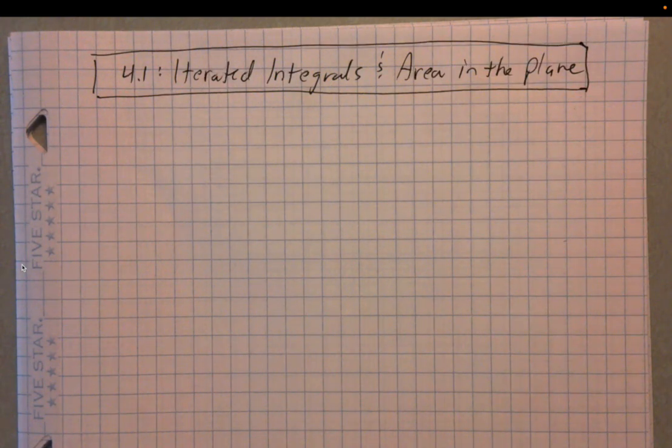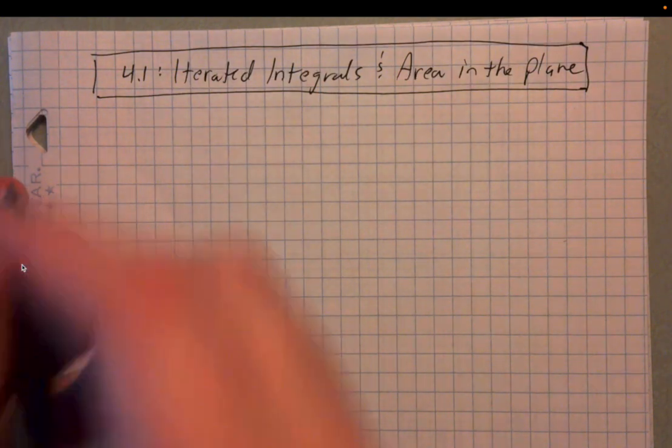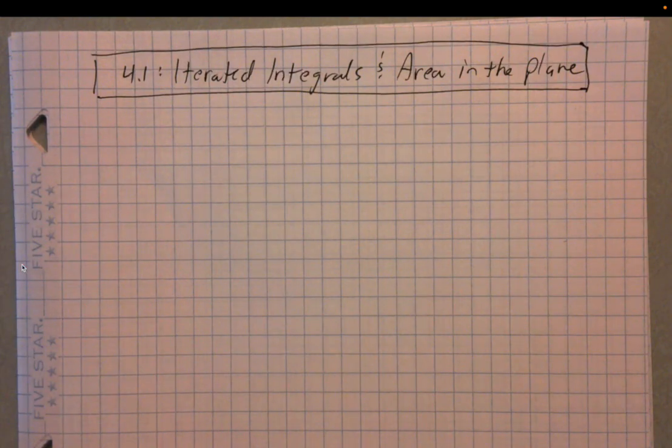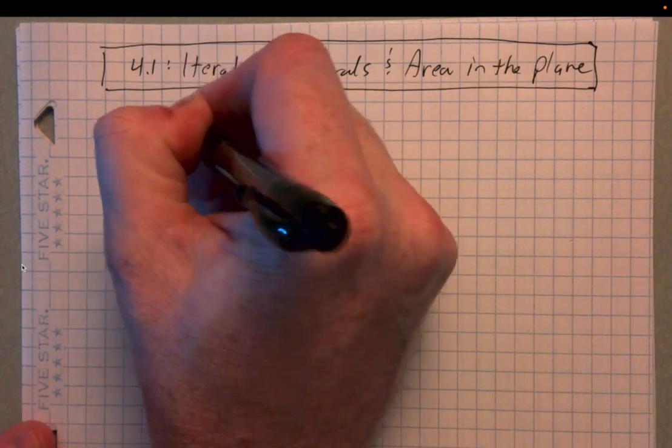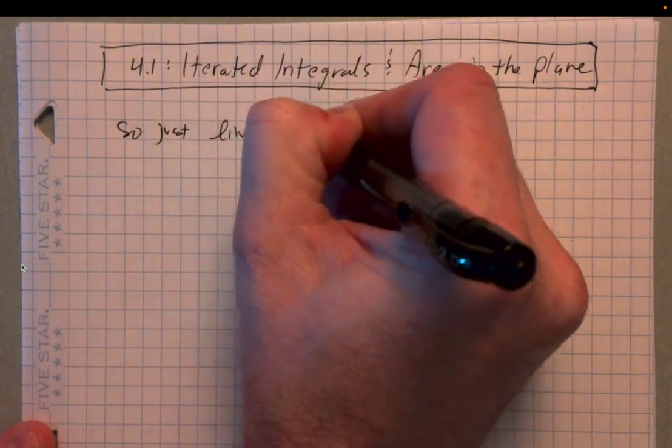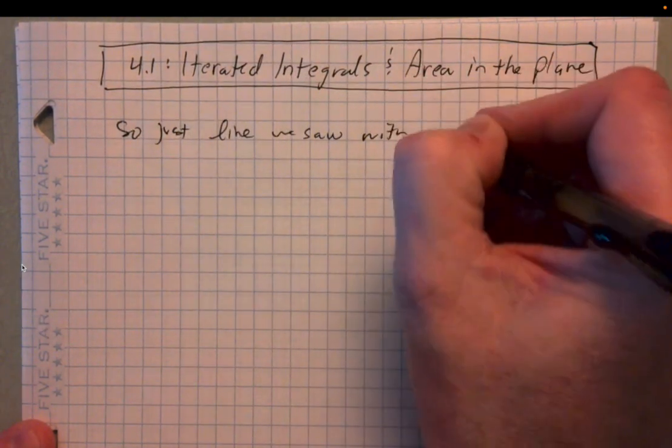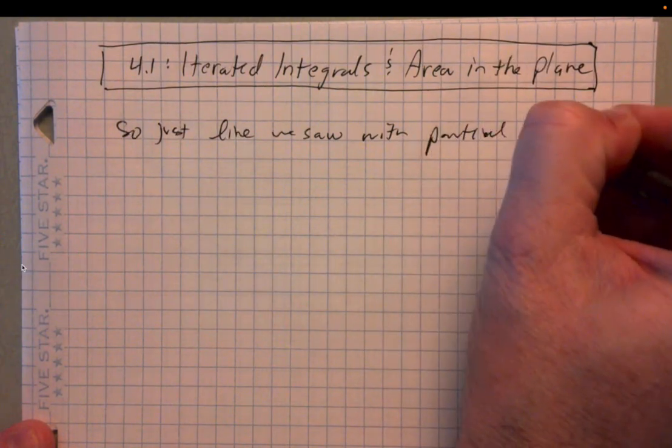Just like we saw with partial derivatives, we can meaningfully integrate a function with multiple variables by considering one of them to be constant and integrating with respect to the other. This is parallel to the idea of a partial derivative.